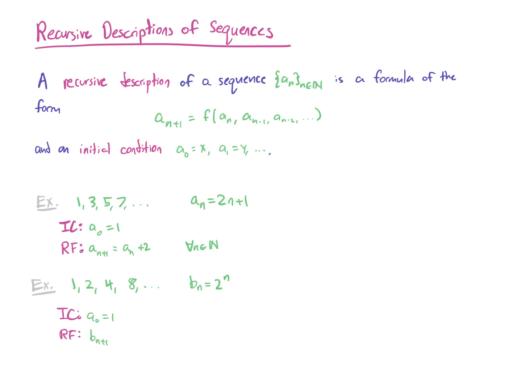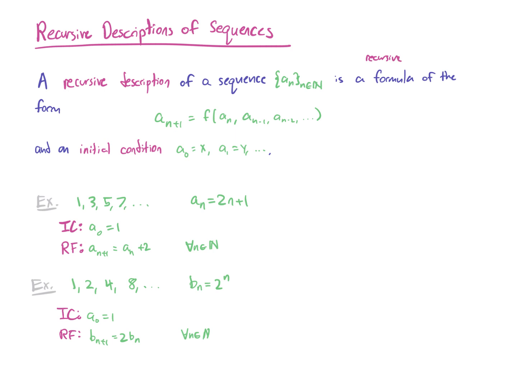I'm going to multiply by 2. So I'm going to say 2 times bn again for all natural numbers n. Just to clarify, my RF is the recursive formula, my recursive formula right there.